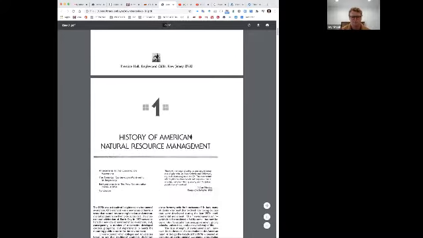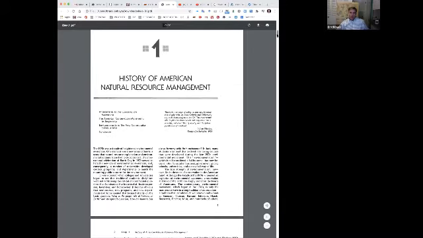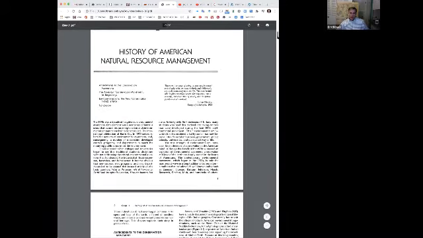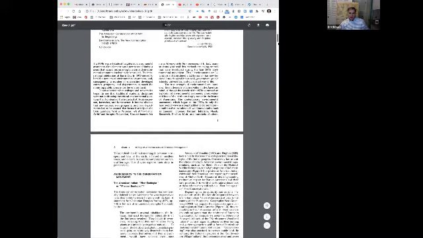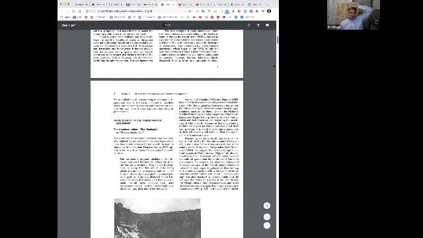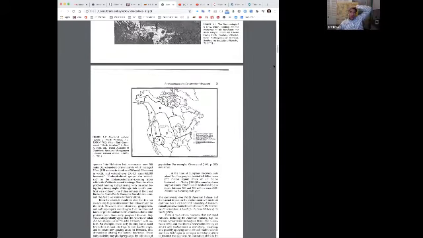It's a good textbook, but I want you to remember that this one is written in the early 1990s by a geographer. You will get more of an environmentalism view from this reading than you will from the earlier stuff, which is more of a conservation pragmatist realist look.